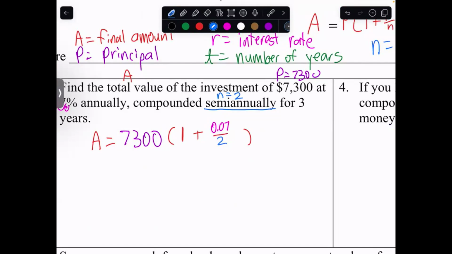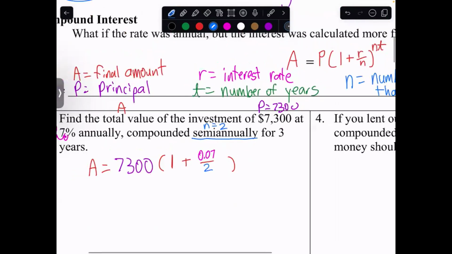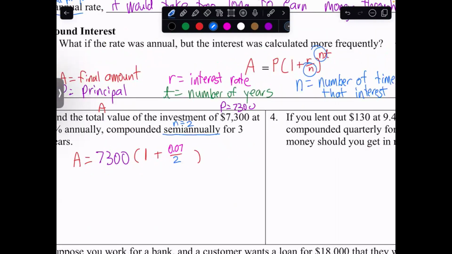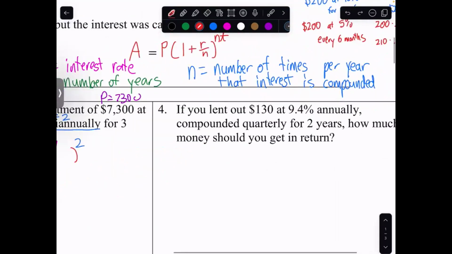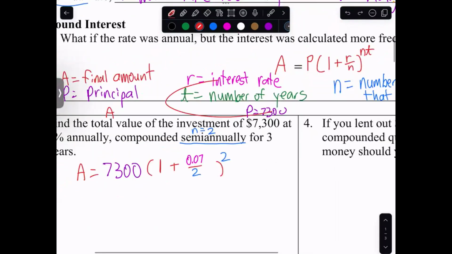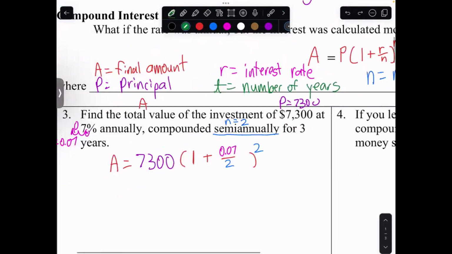And then remember n shows up twice in the formula, so 2 also goes up in the exponent. In the exponent, it's not just n, it's n multiplied by t. So t, like before, is the number of years. In this problem, we're told that it's 3.